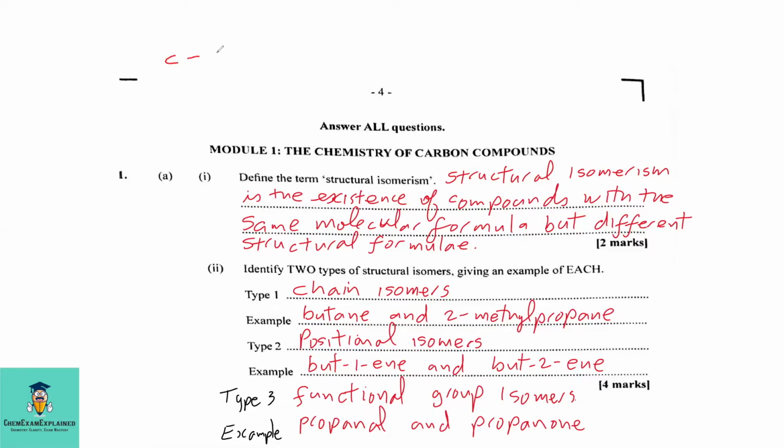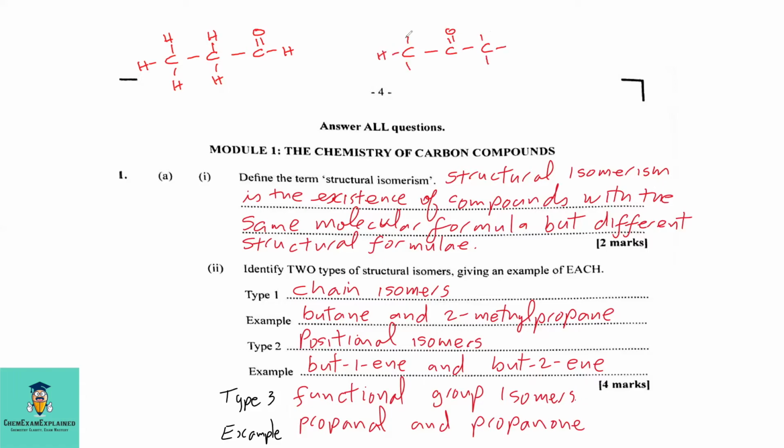So that's 1, 2, 3 carbons with a carbonyl group with a H, and that is our propanal. And the isomer, which is a structural isomer, would be propanone. Now, you move between an aldehyde and a ketone for this type of isomer.